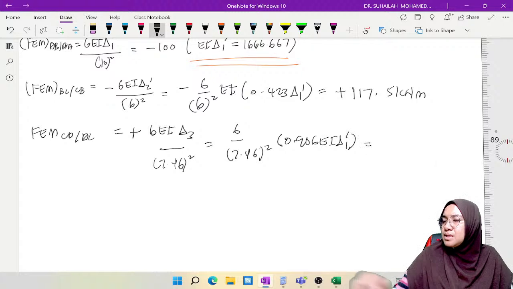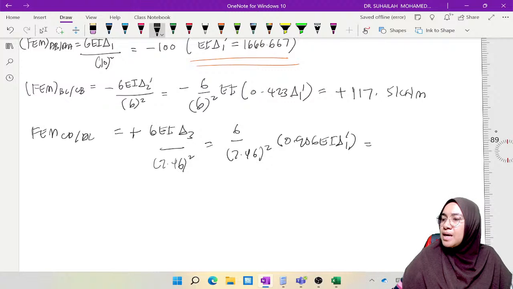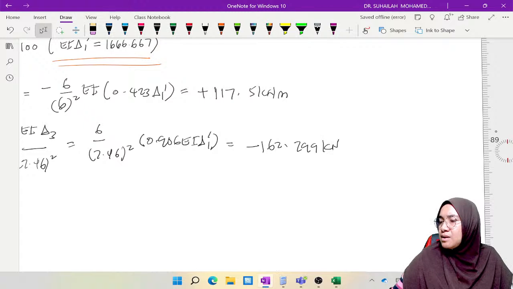And this is equal to 6 divided by 7.46 square times 0.906 times 1666.667. So we get here negative 162.799 kilonewton meter.